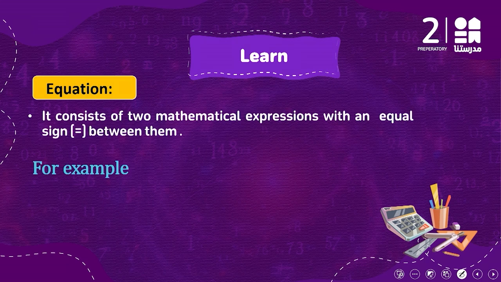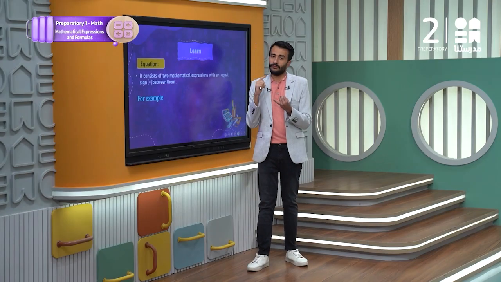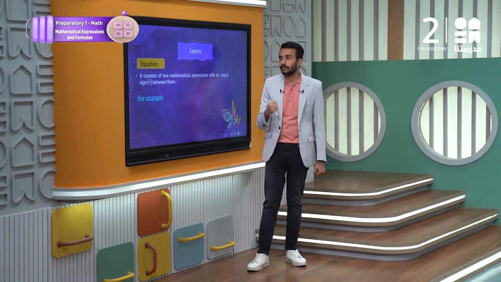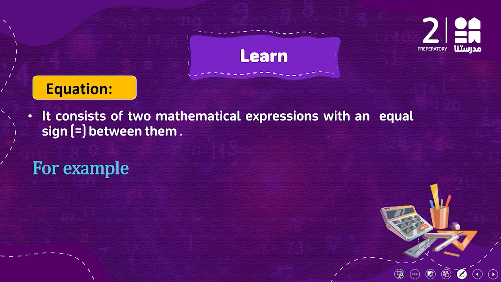Another type of algebra is an equation. So now we have finished numerical expression and algebraic expression. What does equation mean? An equation consists of two mathematical expressions with an equal sign between them. For example, 2x plus 1 equals 7.